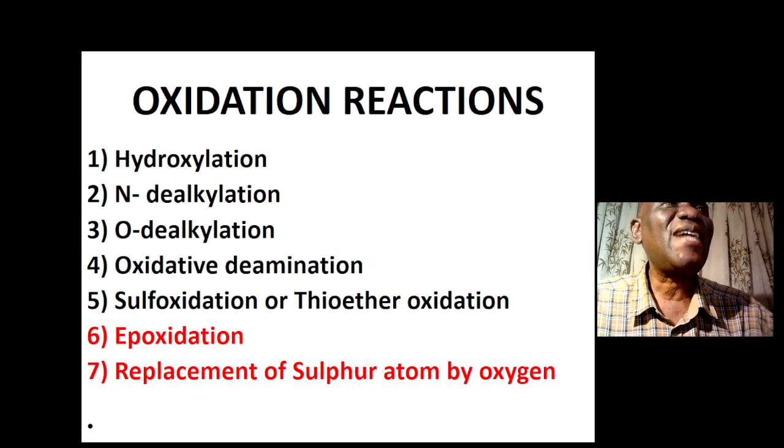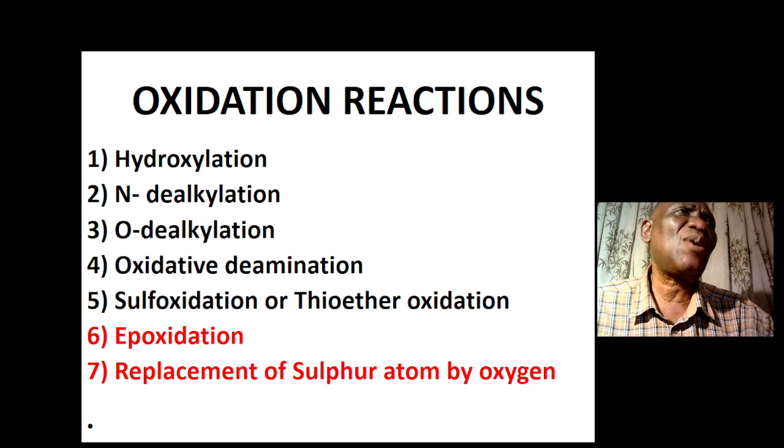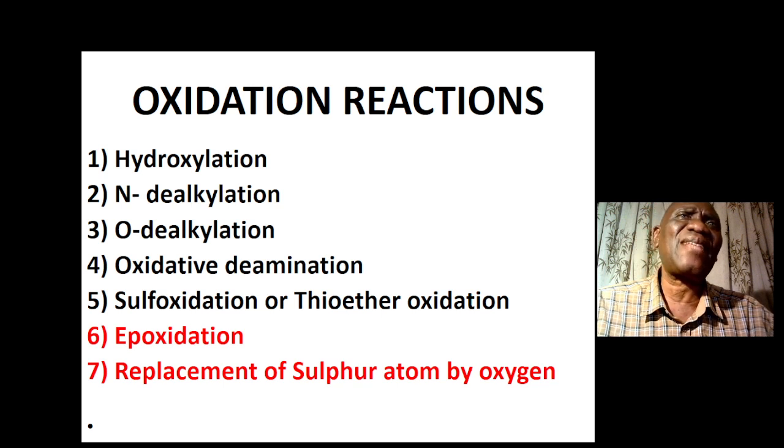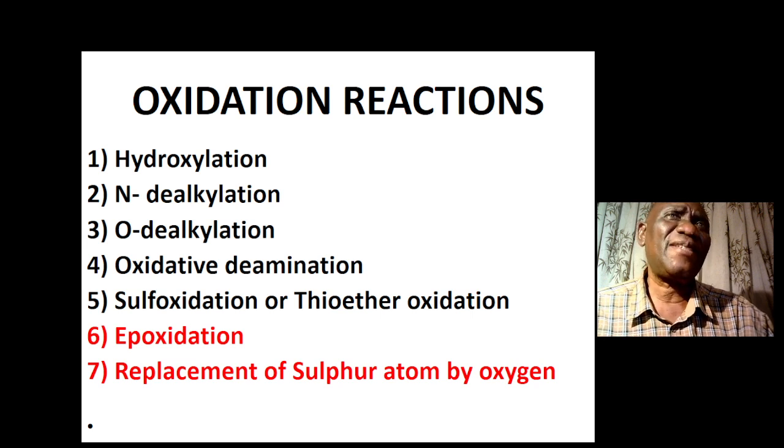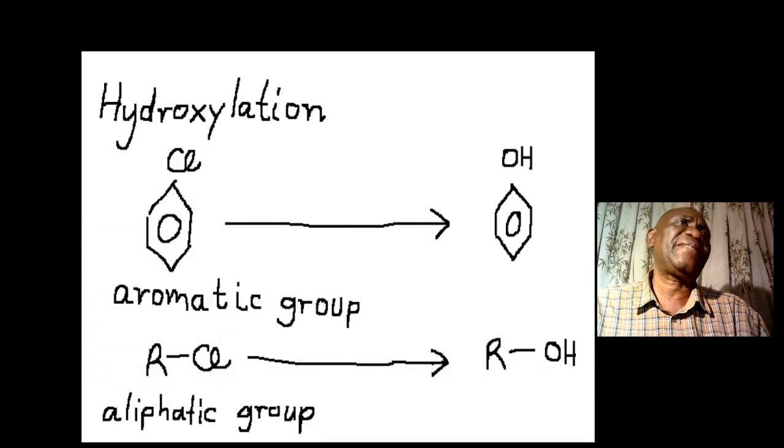We have got N-dealkylation, O-dealkylation, oxidative deamination, sulfoxidation, or thioether oxidation. 1 to 5 we discussed them under herbicide selectivity. Now we are going to add epoxidation and the replacement of sulfur atom by oxygen. And please remember that these reactions are facilitated by cytochrome P450.